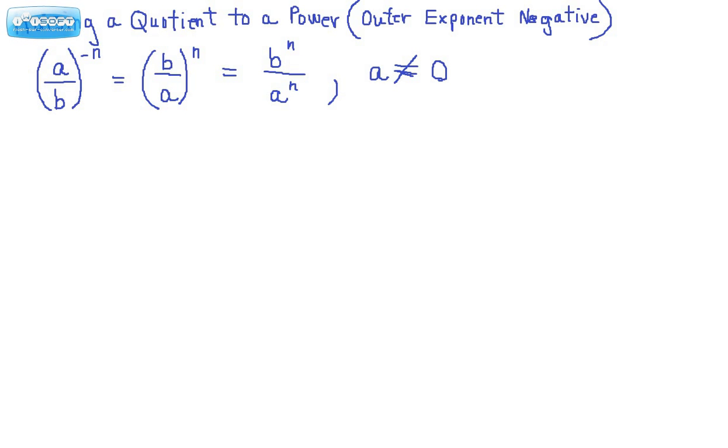And here we're going to take 2a and put that over b. So I'm going to write 2a over b. And we're going to have an outside exponent that is negative 3.